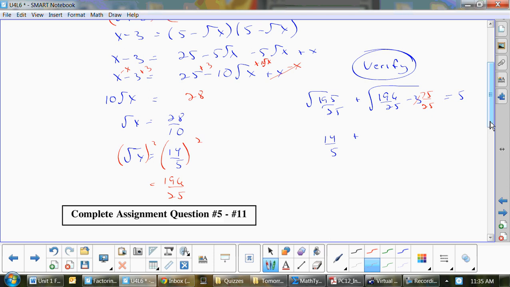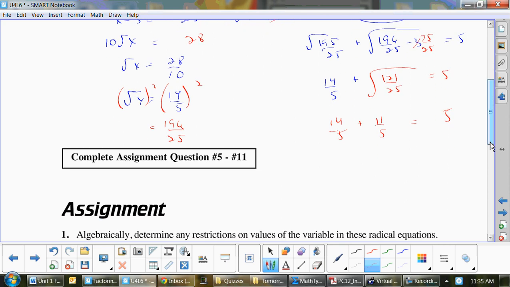Okay, so I'm going to take this as a number. This would be 121 over 25. What is the square root of 121 over 25? 11 over 5. So it's 14 over 5 plus 11 over 5. This is supposed to all equal 5. I don't know if you still remember that. Remember we were trying to do that? What is 14 over 5 plus 11 over 5?